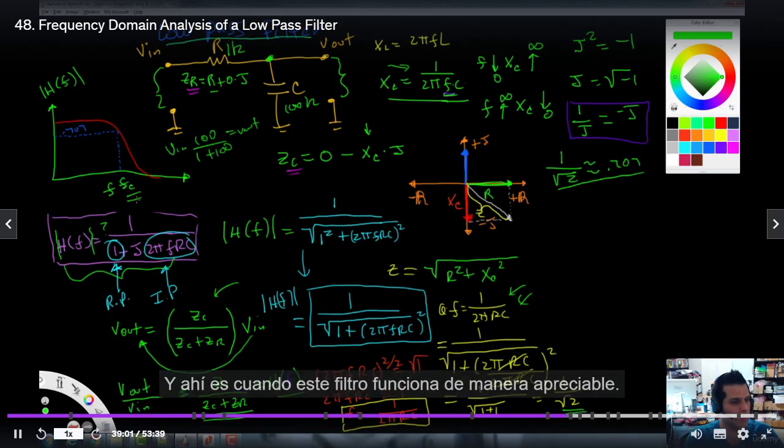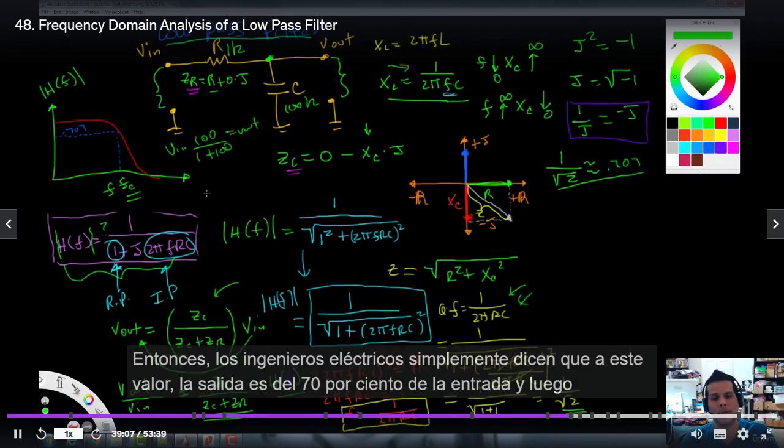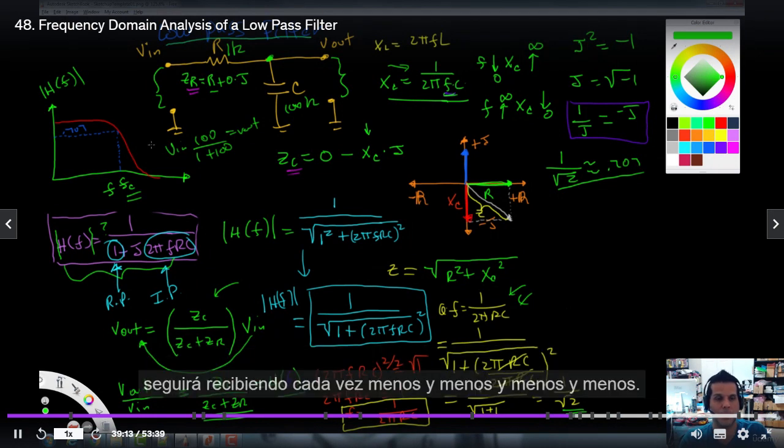And that's when this filter is appreciably working. So electrical engineers just say that at this value, the output is at 70% of the input, and then it's going to keep getting less and less.